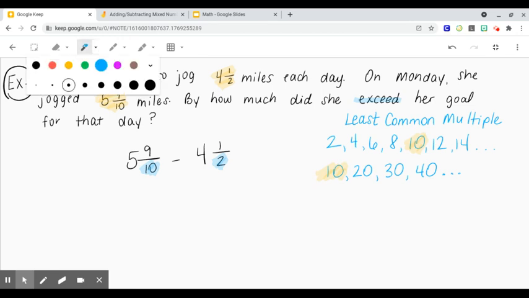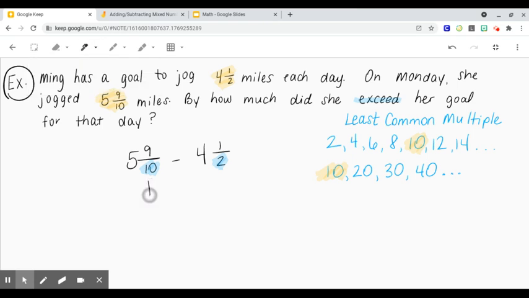So now I can make my equivalent fractions because I have a common denominator identified. When I rewrite 5 9/10, I'm going to rewrite it using the LCM as the common denominator. In this case, we went from tenths to tenths, so this fraction won't change.